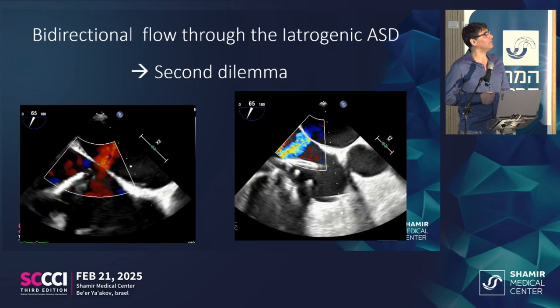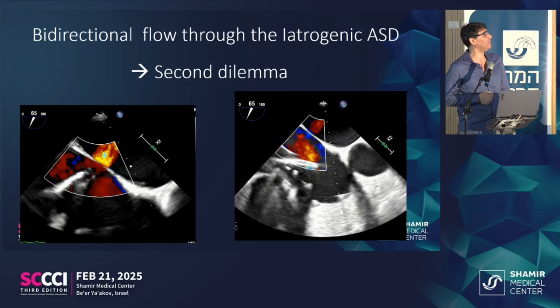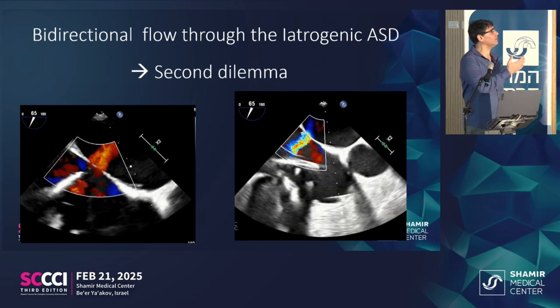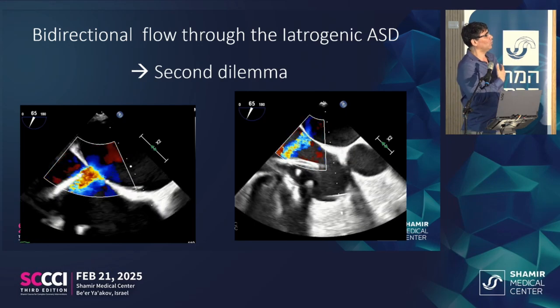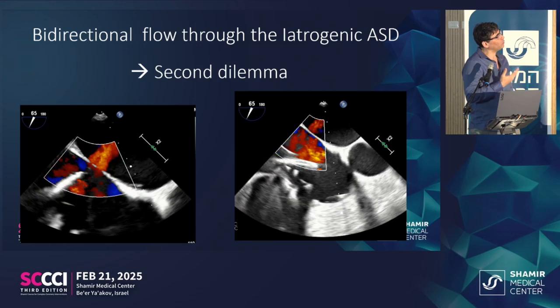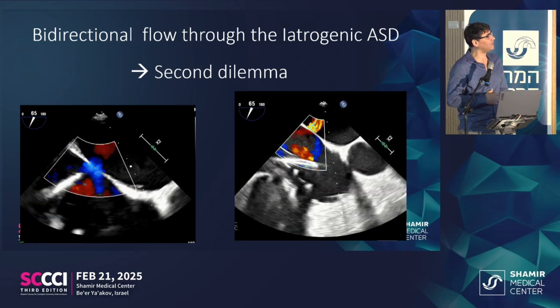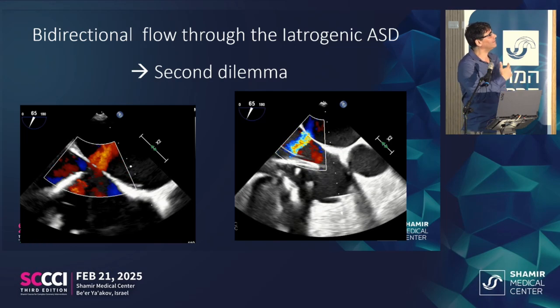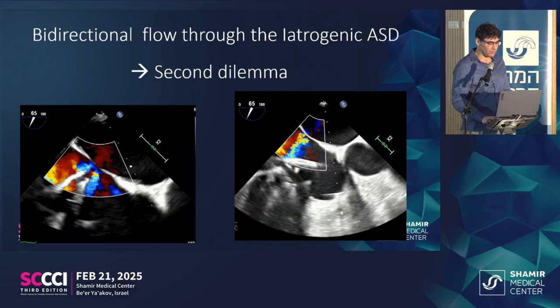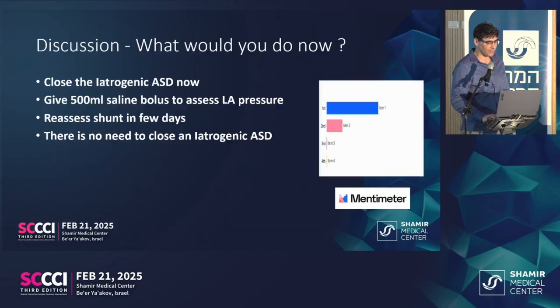And then the question that we ask ourselves, should we leave it? Sometimes we know that leaving this is a V wave, for example, as a shunt, or would he deteriorate? We were waiting to see if he becomes hypoxic. He did not become too much hypoxic, but waiting still left us with this bidirectional, very clear shunt.